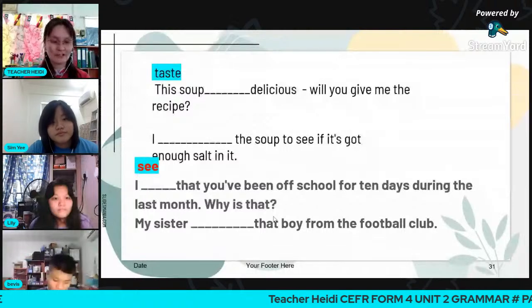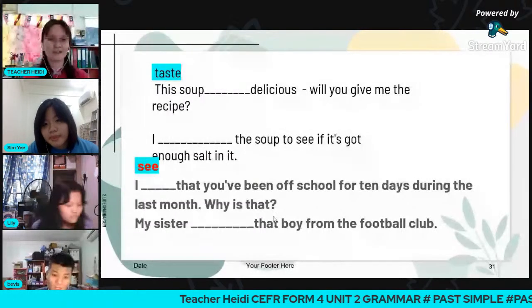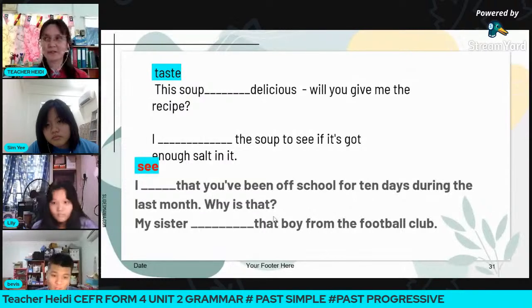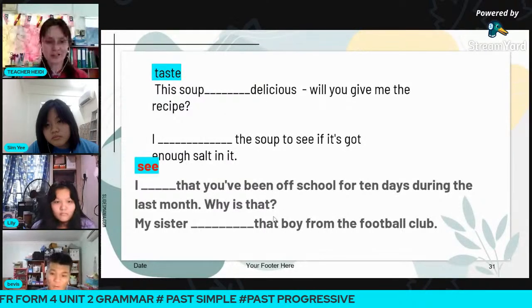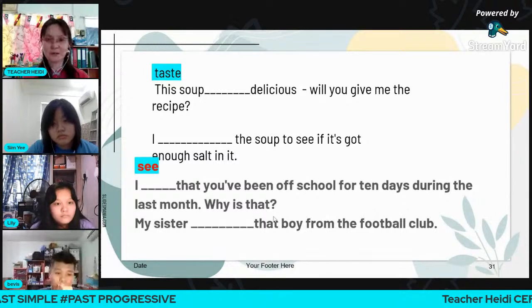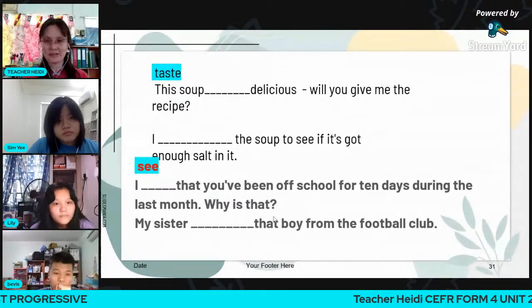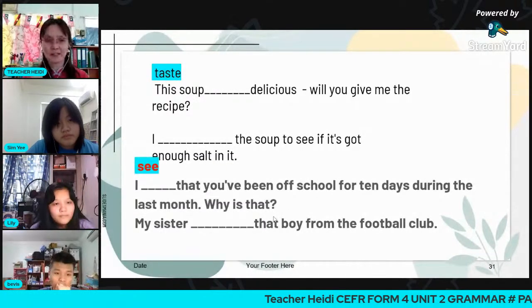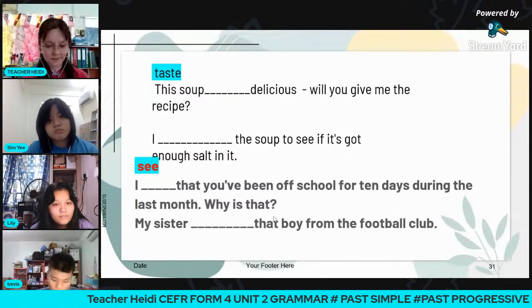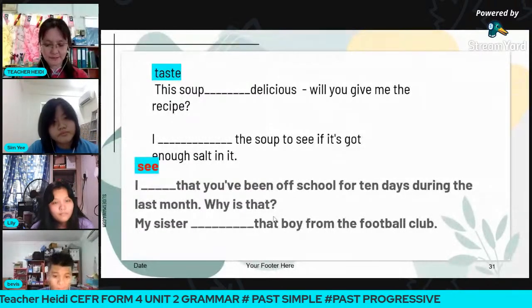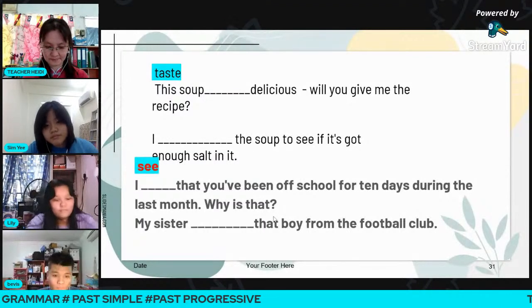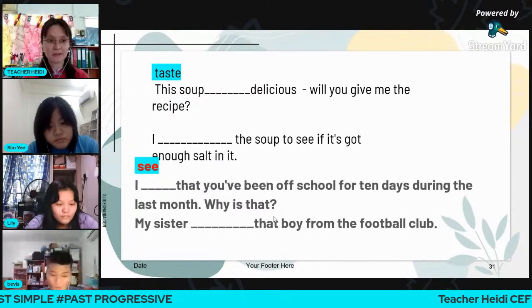If you write tasting, I know you're referring to the first one. The first one will be taste, the second one tasting, or the other way around. Make sure if you're tasting, you must have an is or am in front. Can you type at the chat box?